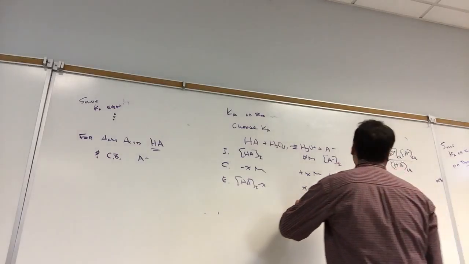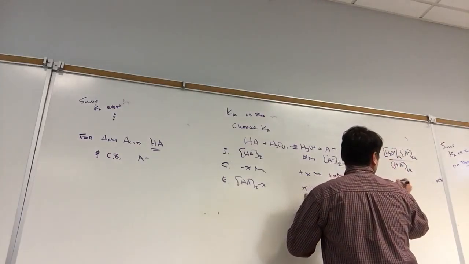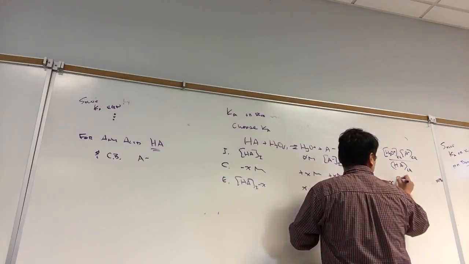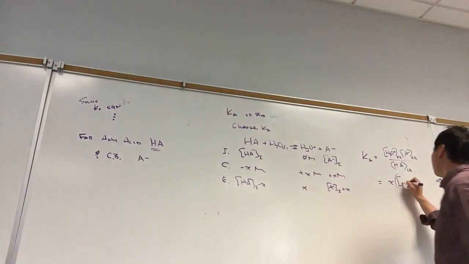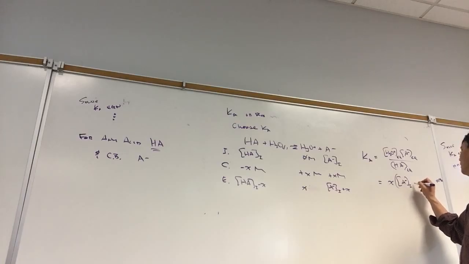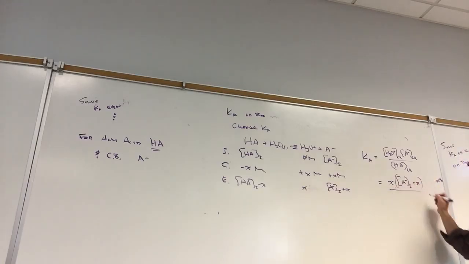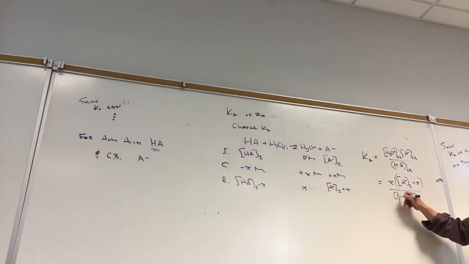The hydronium ion concentration at equilibrium is just X. The A minus concentration at equilibrium is A minus initial plus X. And then the HA concentration at equilibrium is just the HA concentration initial minus X.